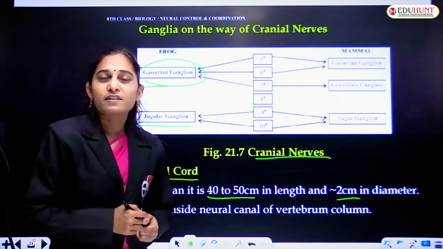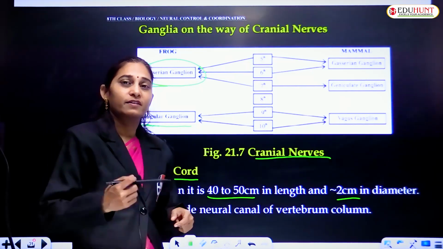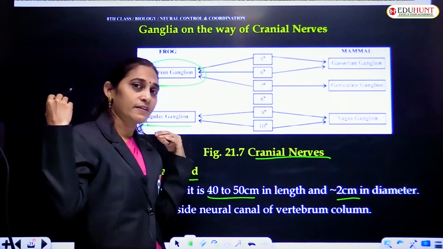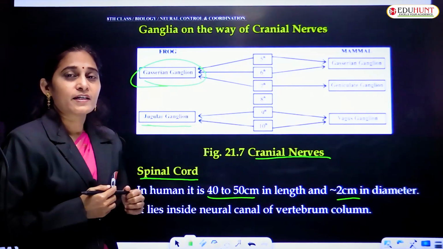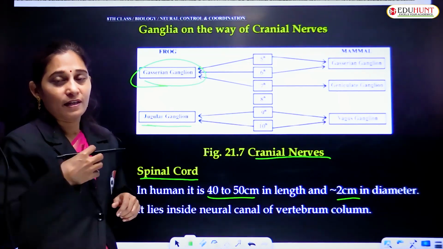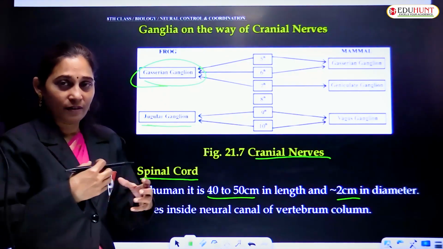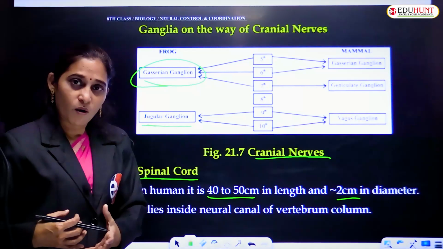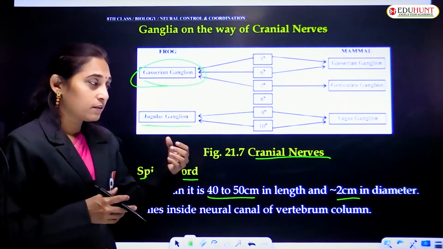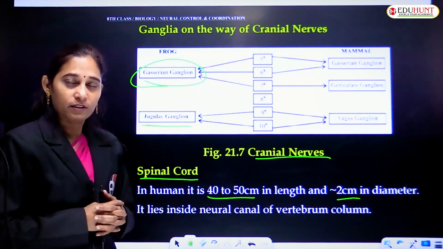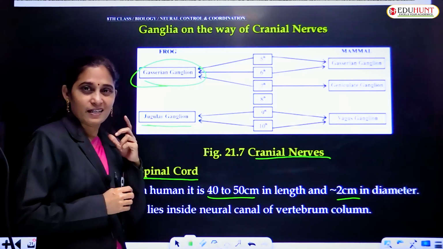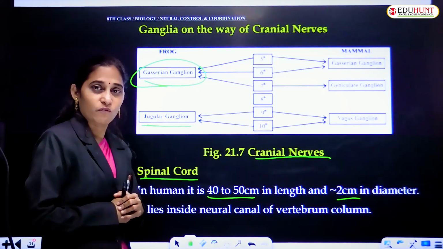It lies on the dorsal side, and it is protected by the vertebral column. Several vertebrae, like thoracic and lumbar, form a thick structure around the spinal cord, called the vertebral column, and the cord lies inside the neural canal of the vertebral column.